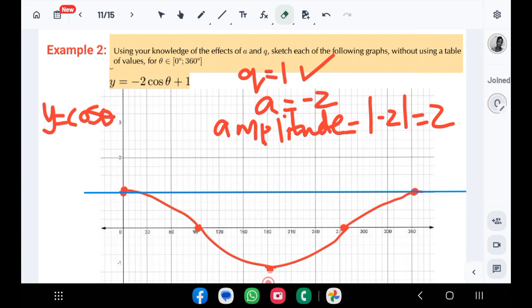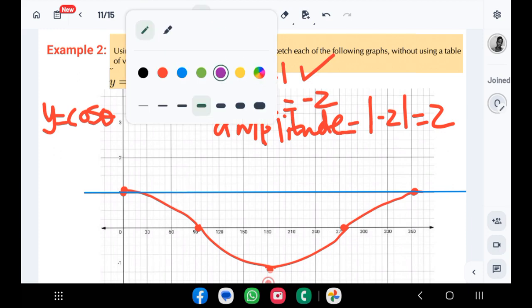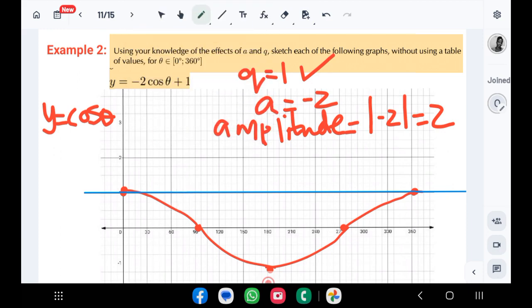And our a is negative, meaning that we now flip it upside down. So instead of starting with a maximum turning point, we'll start with a minimum turning point. Originally, the minimum turning point was supposed to be at -2, but it has been shifted 1 unit up, so it will start at -1. Let's make that blue, starting at -1 because it has shifted up.